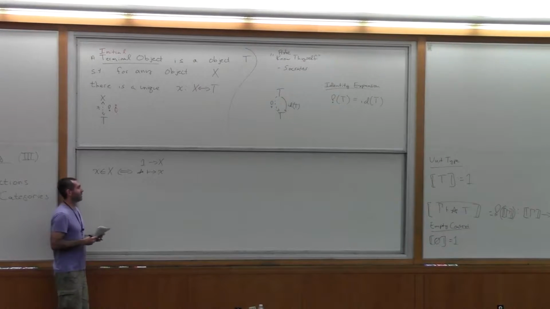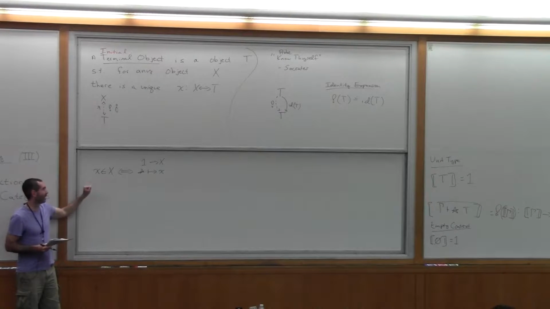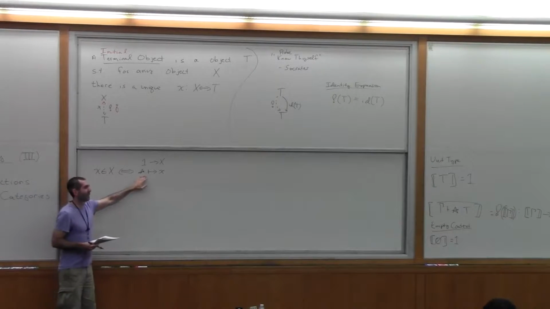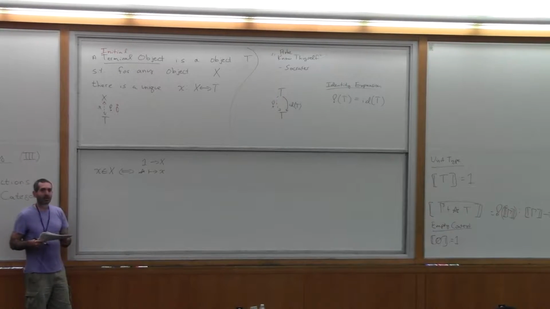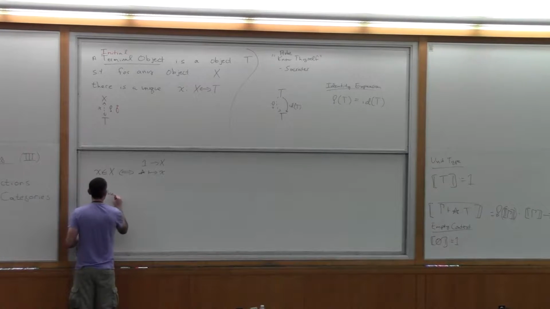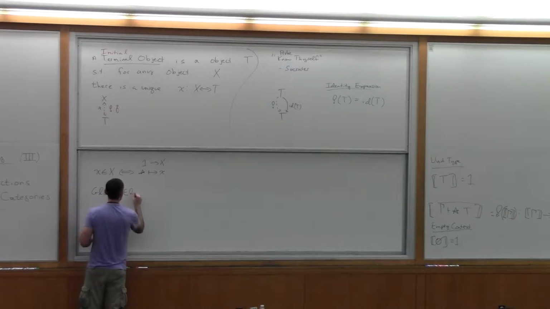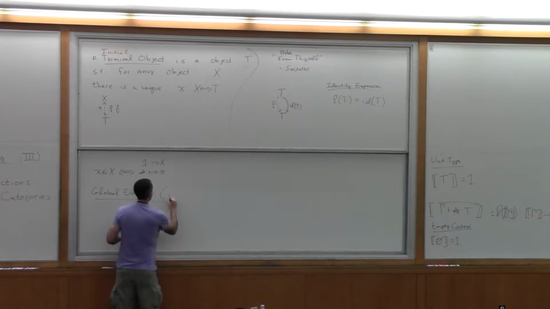Now, in categories, our objects aren't sets, so they don't have elements like this, right? But they can still have these surrogate maps as long as we have a terminal object. So this brings us to the idea of what's called a global element. And this is also known as a point.